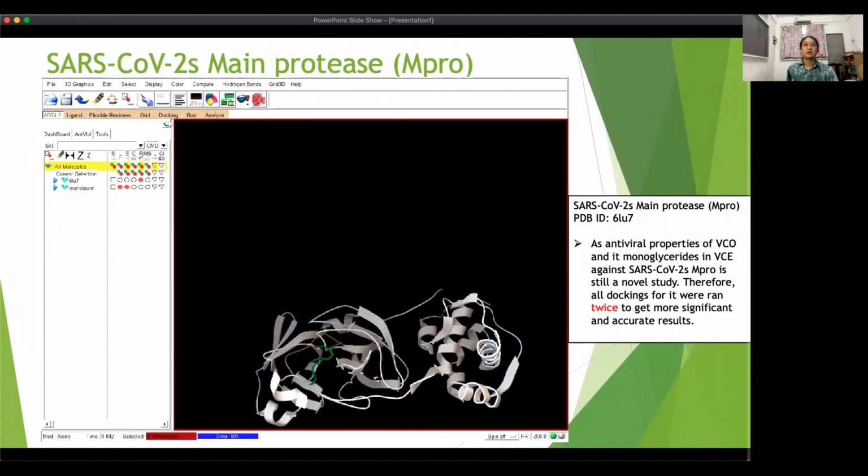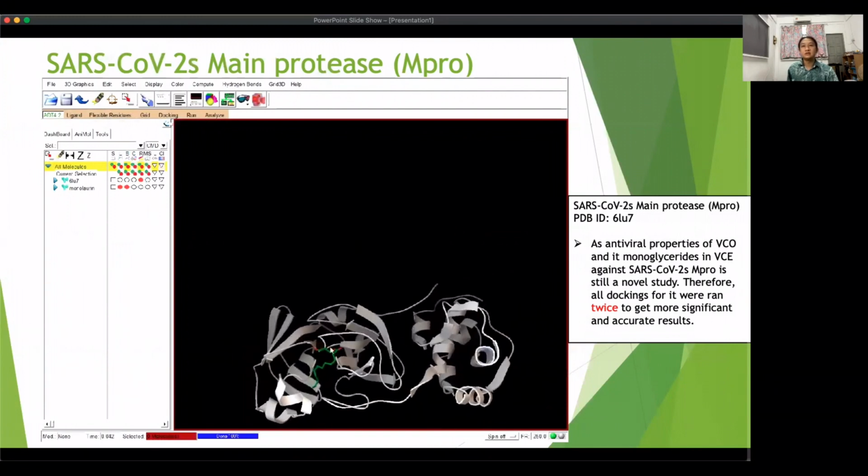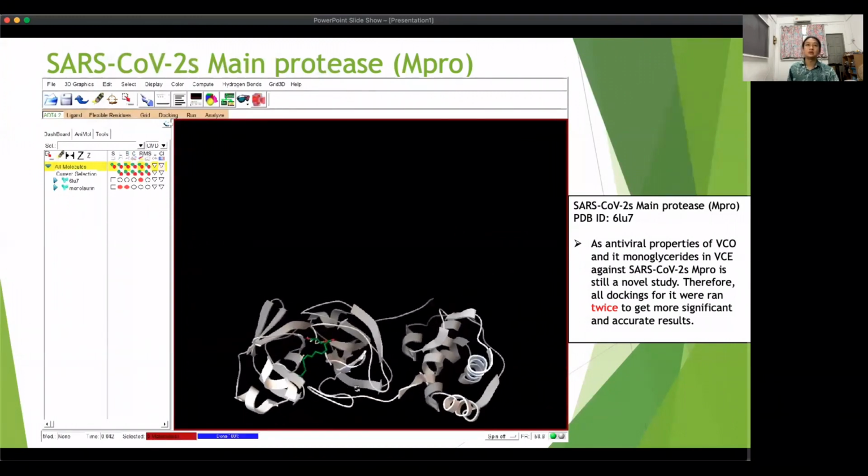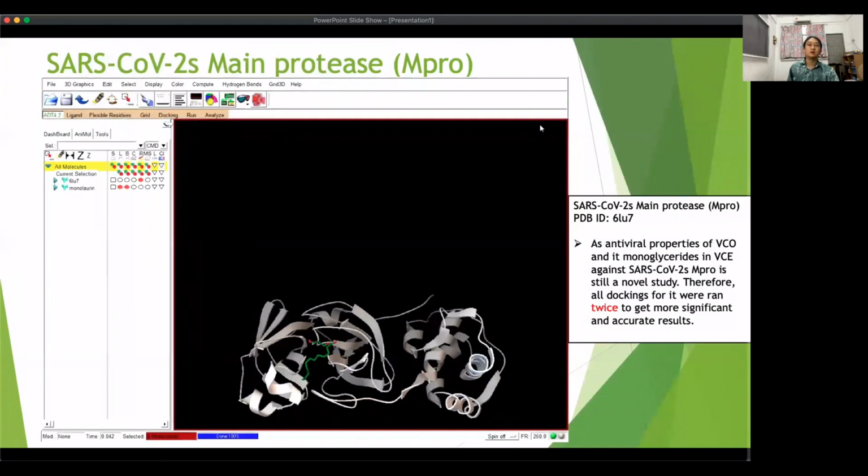For this antiviral test, all the VCO and VCE components are docked twice because this is rather new research, so I want to get a more significant and more accurate result. So the docking was done twice.